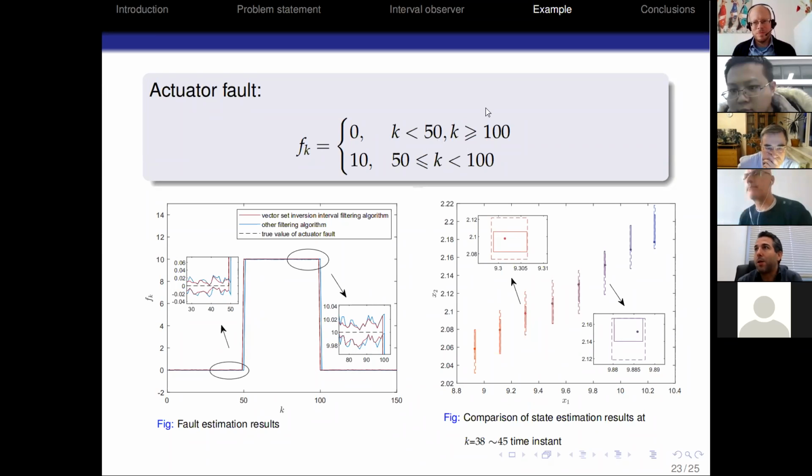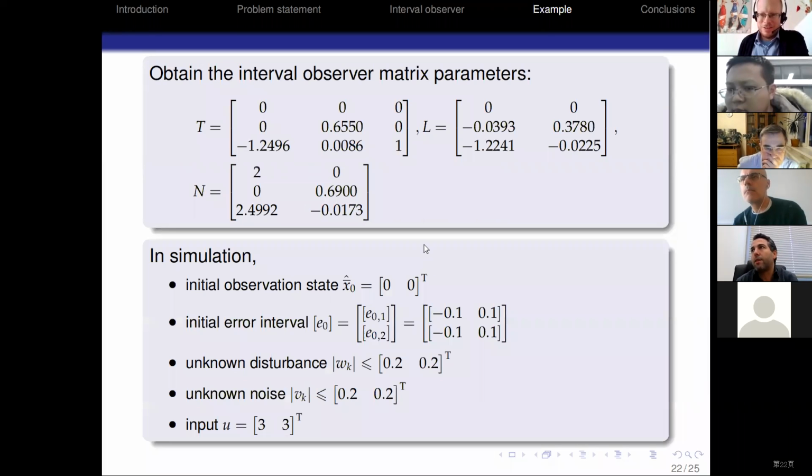Okay, thank you. Since the model is linear without parameter uncertainties, is it a good idea to do set inversion? Since the solution set is a zonotope which can be easily characterized using the formula you gave, is it really necessary to do set inversion?